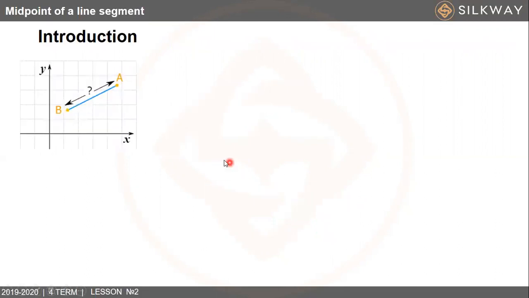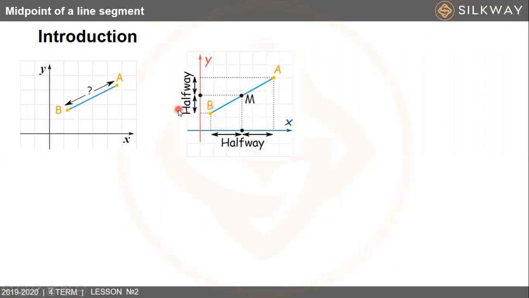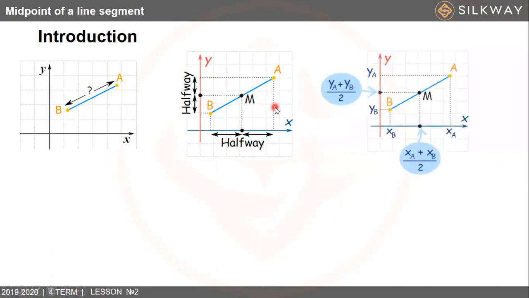Now let's continue: how can we find the coordinates of the midpoint? You can see point A and point B and point M halfway. The coordinates of point A are XA and YA, and of point B are XB, YB. So what are the coordinates of this point?